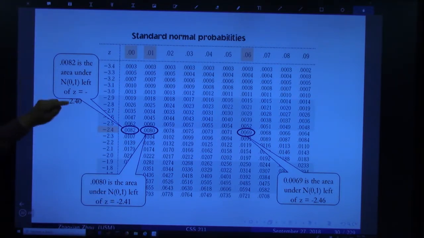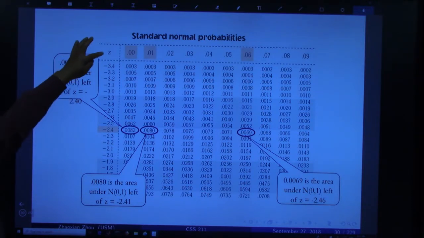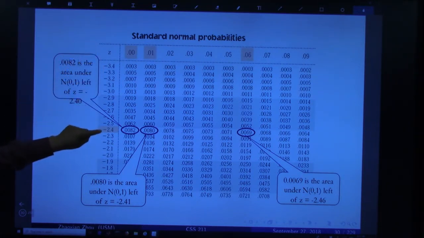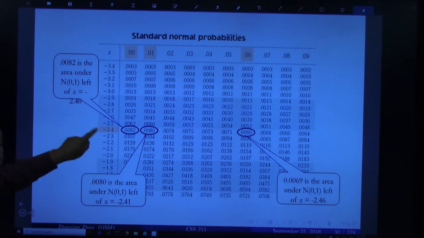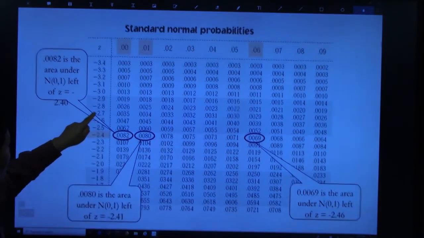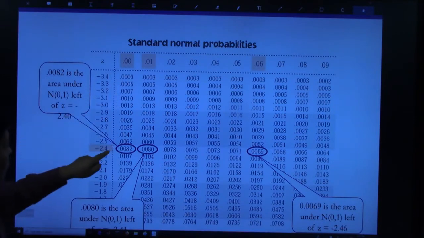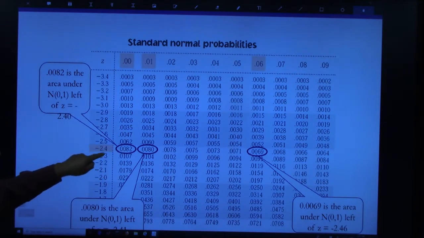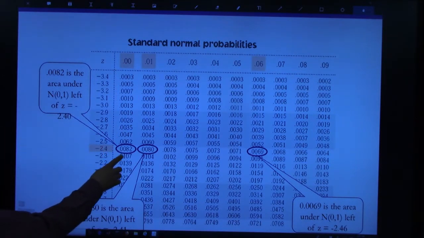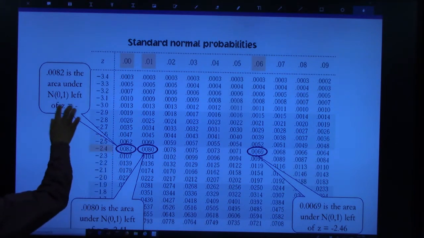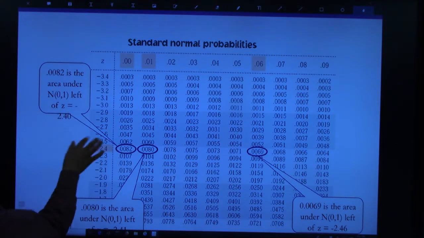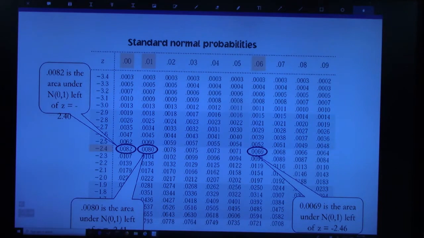I'll give you an example. Suppose z equals negative 2.4. So z equals negative 2.4 is here, 2.40: 2.4 is here, and the 0 is from here. So this is the cumulative proportion corresponding to z-score equals negative 2.4.